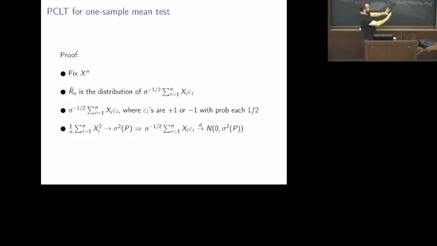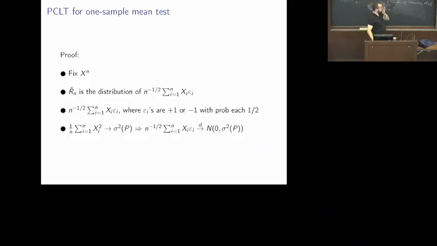So the point is: fix the random thing, think of this minus 1 to the g as the random thing, and then apply an off-the-shelf CLT for a sum of random variables with coefficients, and you're done.